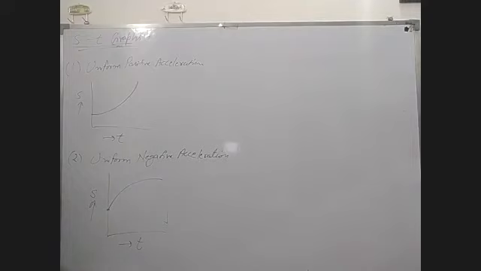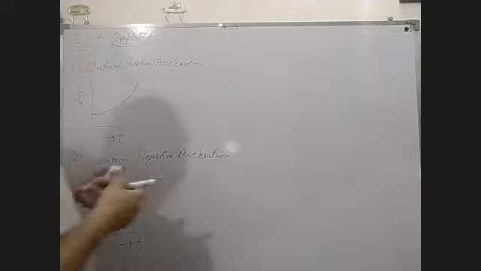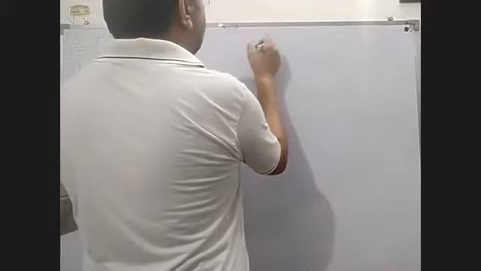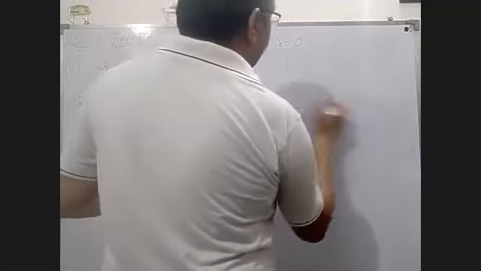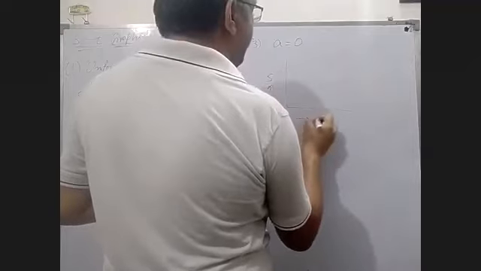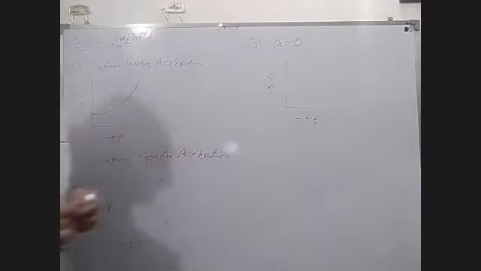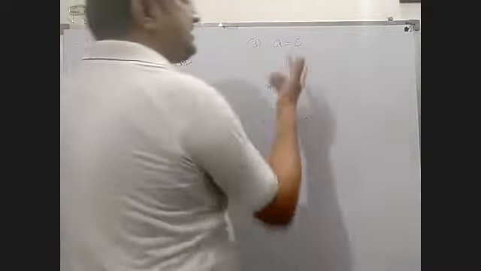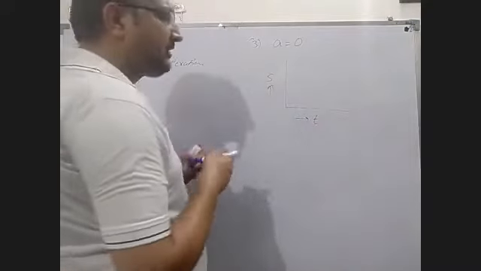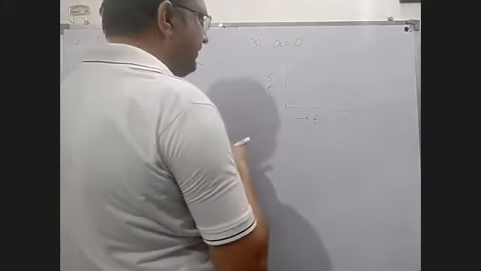When an object is moving with zero acceleration, the third case is acceleration is zero. Then what kind of position time graph is there in this case? If acceleration is zero, it means it moves with uniform velocity, in the case of uniform motion.